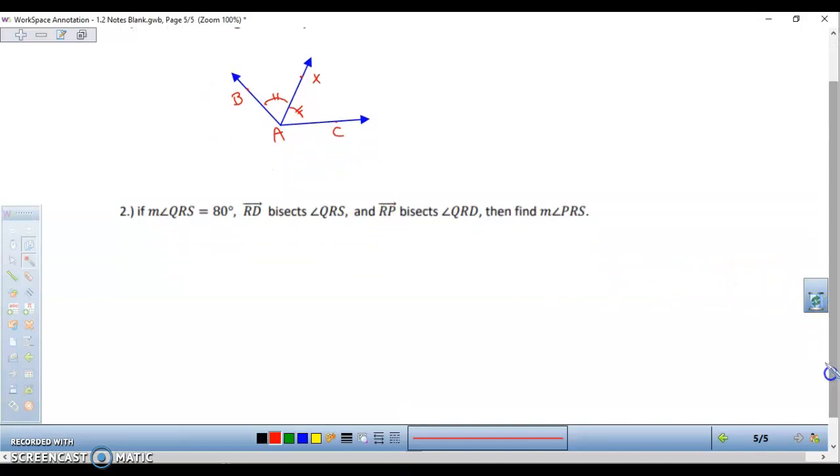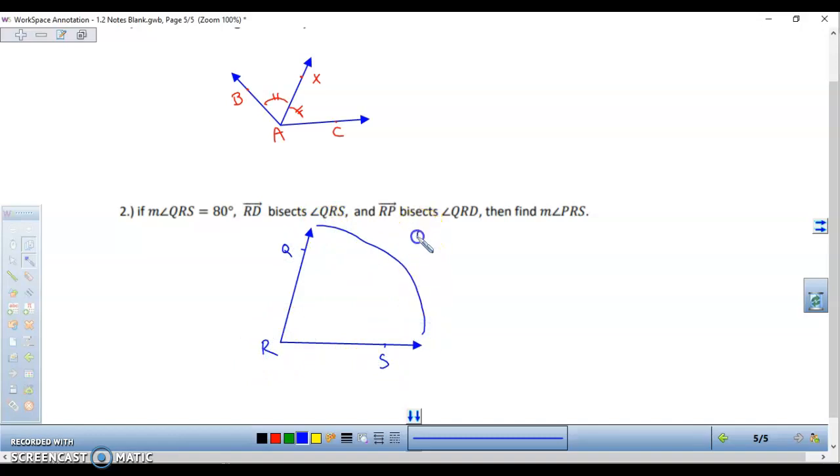In the last example here, we're going to start off. It says the measure of angle QRS is 80 degrees. So I'm going to start with an angle that's about 80 degrees. So a little less than 90. All right, so I'm going to say, hey, this whole blue angle, which is angle QRS, this entire angle is 80 degrees.